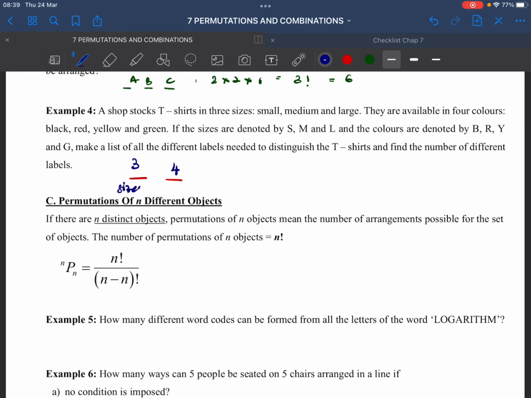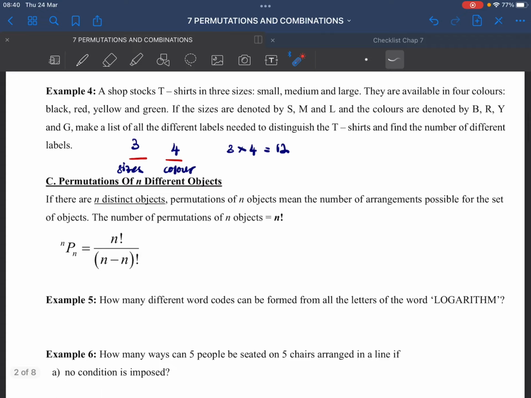The question said, make a list of all different labels. You need to distinguish the t-shirts and find the number of different labels. So obviously the number of different labels gonna be 3 times 4, which is 12. Bolehlah kamu listkan dekat sini. It's gonna be small black, small red, small yellow, small green, and so on.